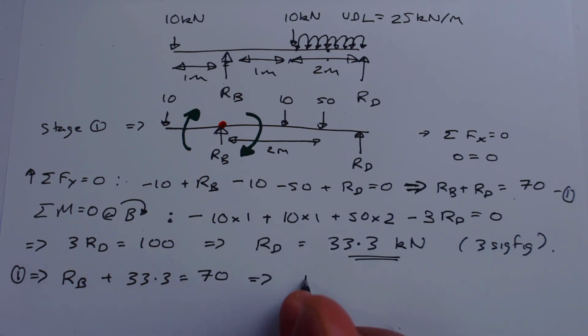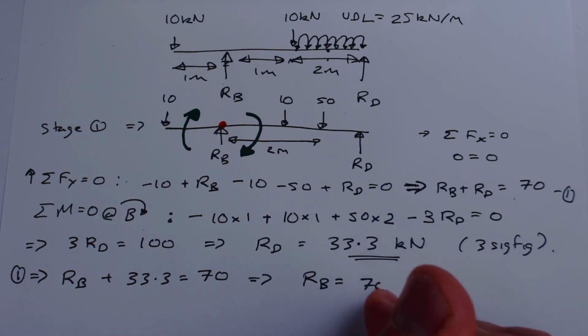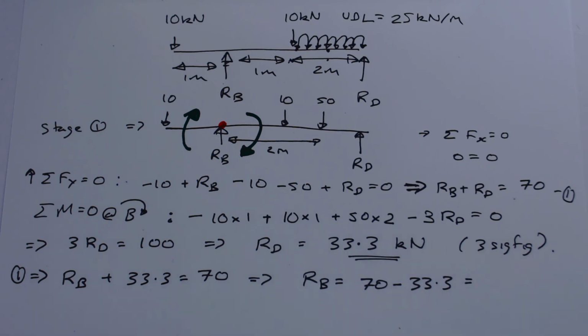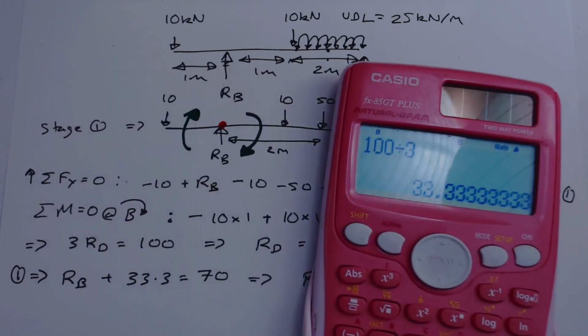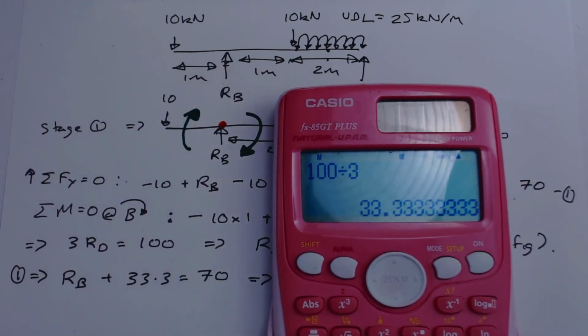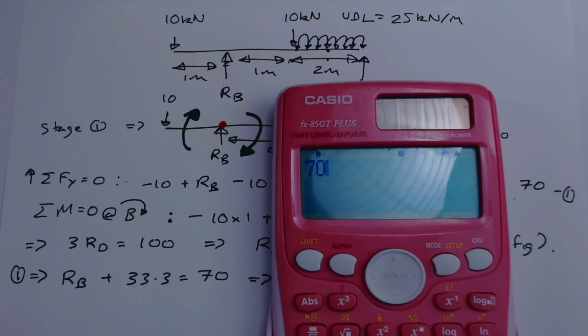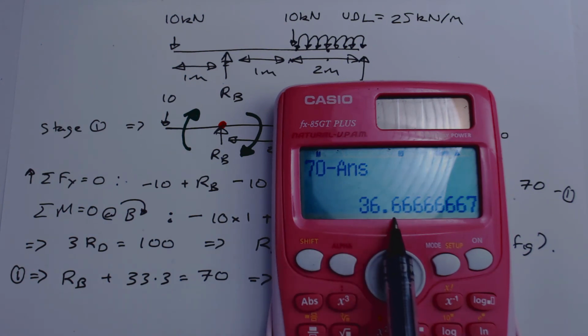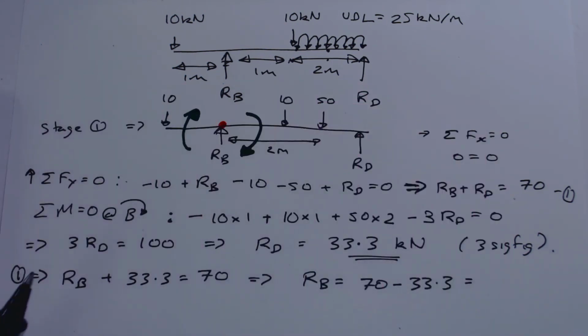So therefore I have RB equals 70 take away 33.3. Right, so what's that going to be? 70 take away my previous answer equals 36.6 with a recurring symbol. Get rid of the recurring symbol, so we've got 36.7, round it up.